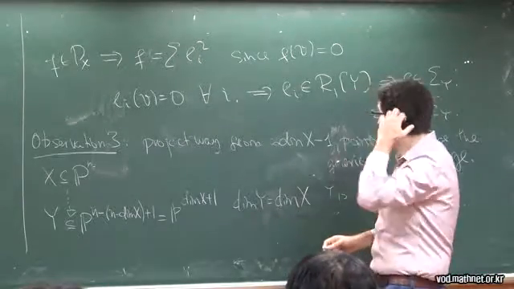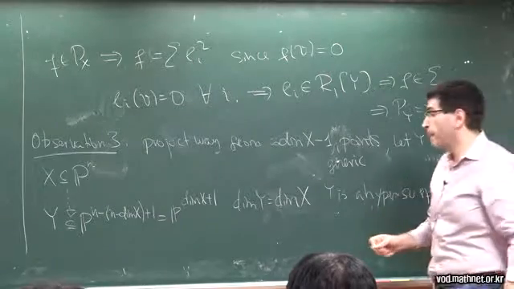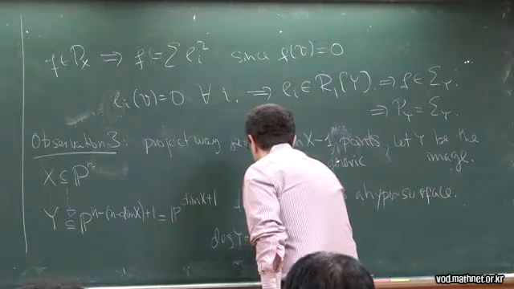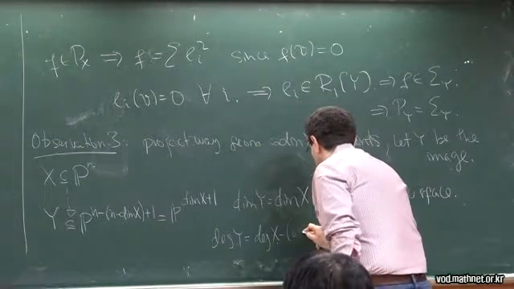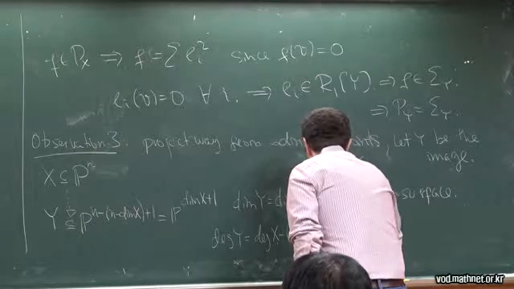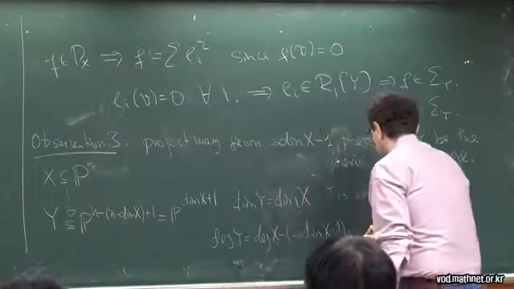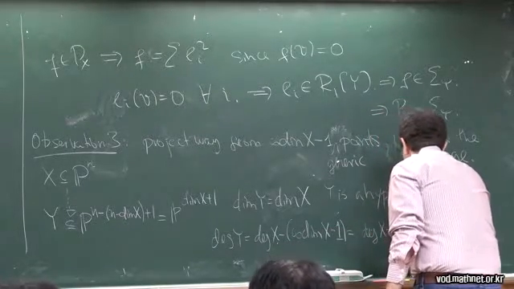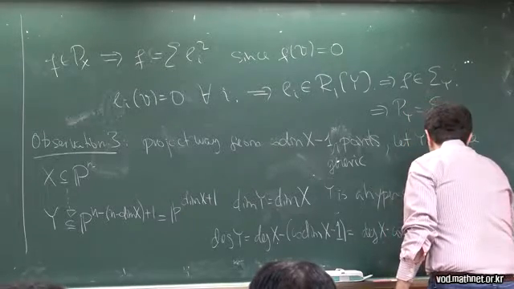Well, every time we project away from a point, we lose 1 from the degree. So the degree of y is equal to degree of x minus codimension x minus 1, which is equal to degree of x minus codimension x plus 1.